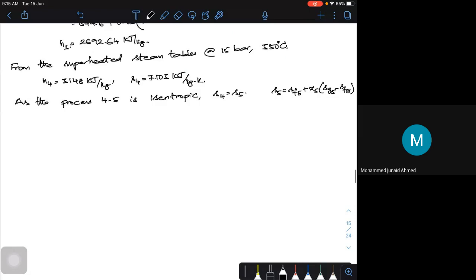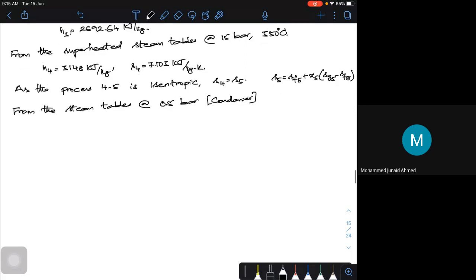Once again, from the steam tables, at 0.5 bar, that is at the condenser pressure. Let me write that. This is at the condenser pressure. So what you have to do?